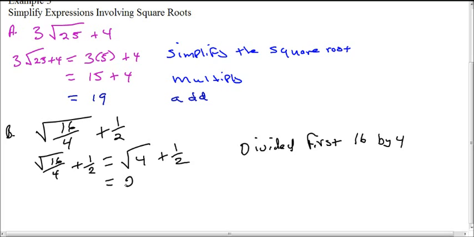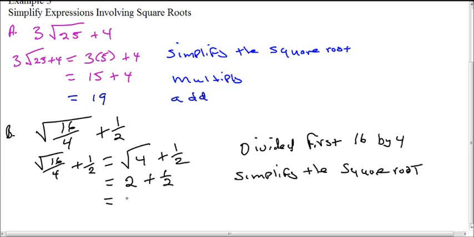Of course, it's 2 plus 1/2. Okay, so I simplified the square root. And then here I added, so I'm going to get 2 1/2 for my answer, and I did so by addition.